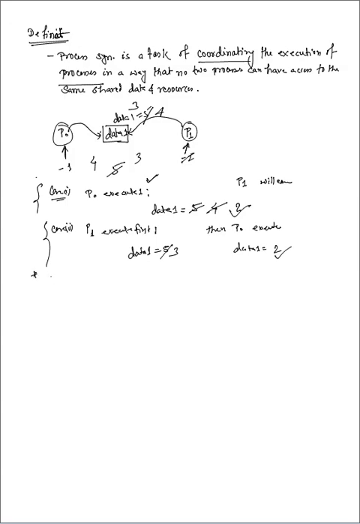Now what are the types of process? There are various types of process based on different criteria, but we are talking here based on synchronization, right? So basically we have two types of process.